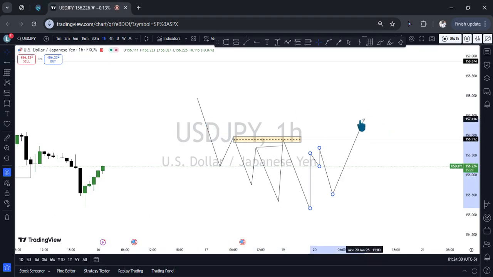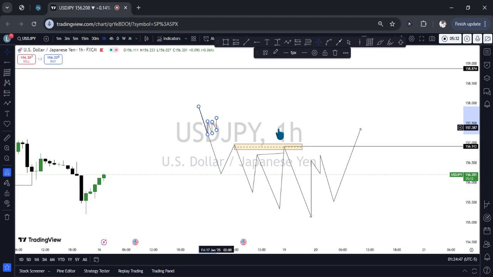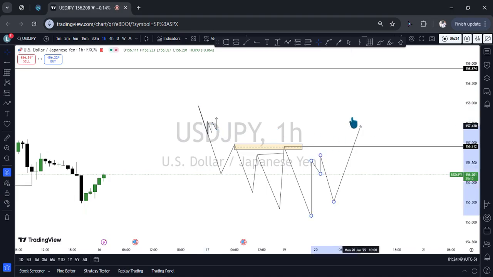Maybe when we have something like this, you have something like this around this area, maybe a supply zone. So the market might now come around this area to sweep all these internal structures here and mitigate this supply area.